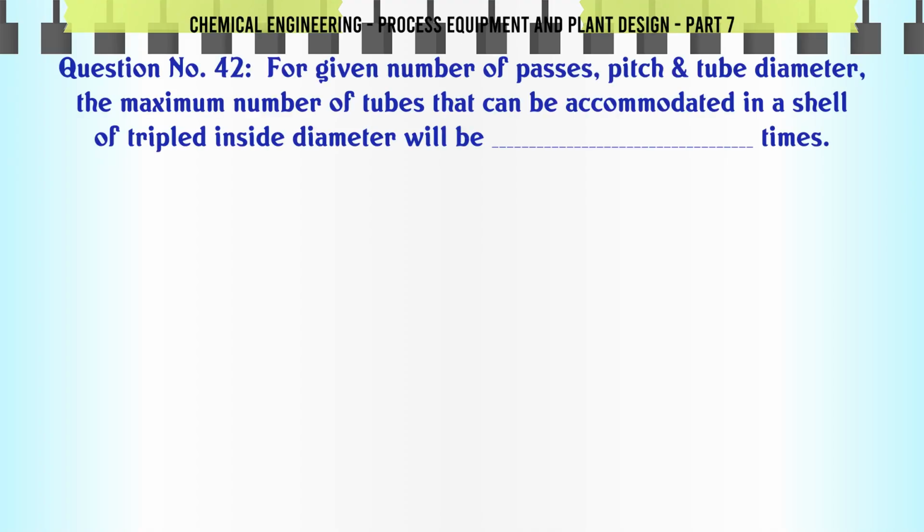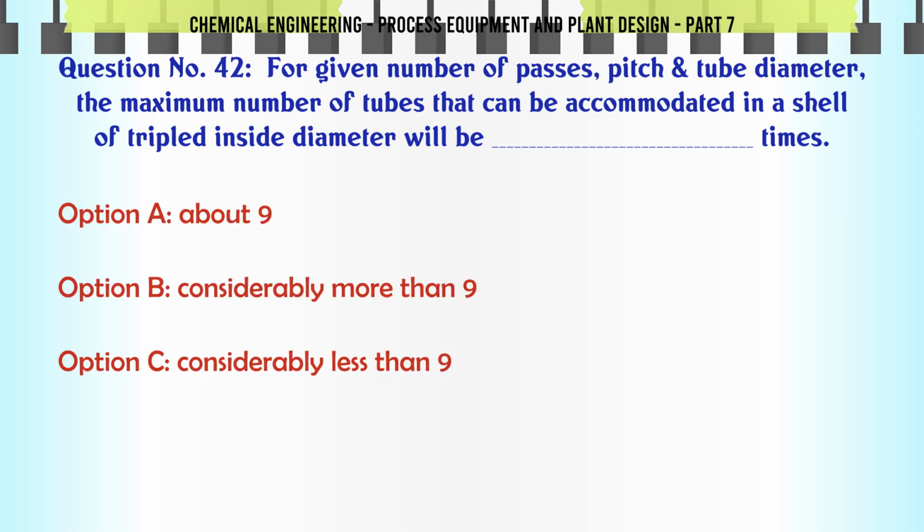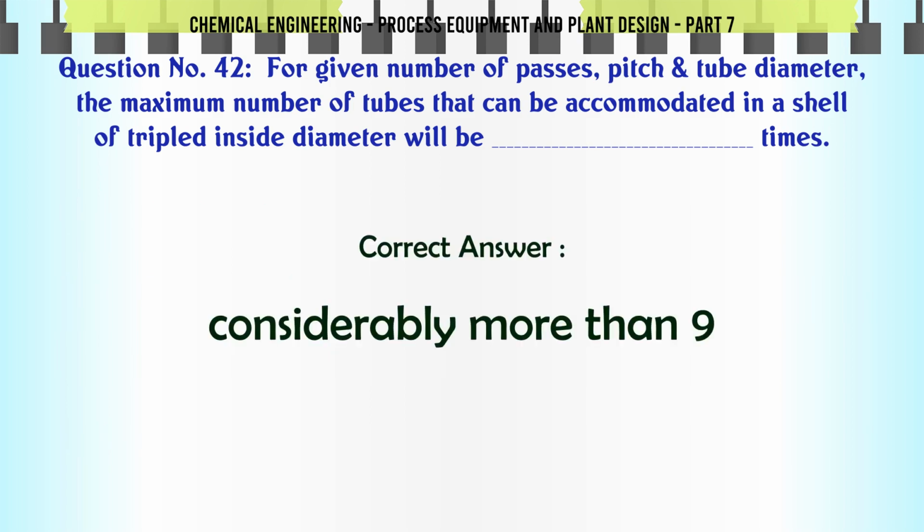For given number of passes, pitch and tube diameter, the maximum number of tubes that can be accommodated in a shell of tripled inside diameter will be times: A. About 9, B. Considerably more than 9, C. Considerably less than 9, D. About 3. The correct answer is considerably more than 9.